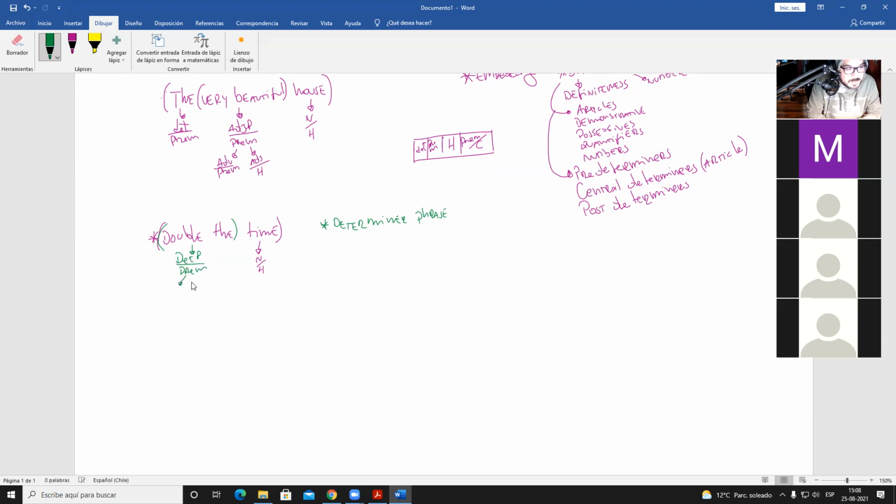And inside of this determiner phrase, we have two different constituents. The first of them is double, which is a predeterminer, and the, which is a central determiner. Why? Because by theory, we say that inside of a noun phrase, there is only one possible slot for determiners, and they are always at the very beginning of the noun phrase.